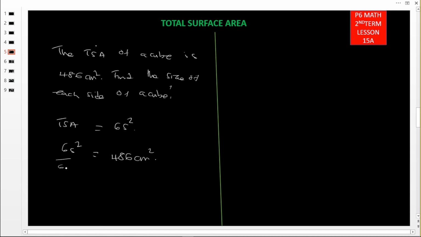So what are we doing? We divide by 6. So s squared is equal to, how many 6s are in 48? There are 8. Then how many 6s are in 6? That is 1. So we come up with 81 centimeters squared. So we get a square root on both sides. So s is equal to square root of 81, that is 9 centimeters.